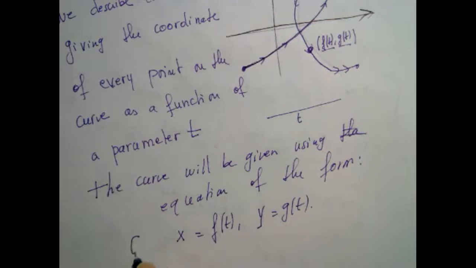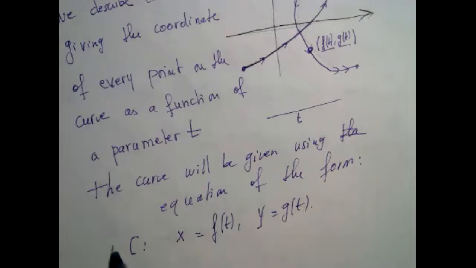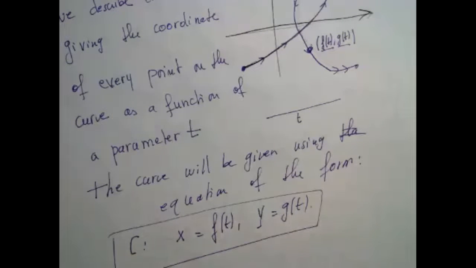So we describe the curve basically by giving you, as I said, for every moment in time, the x and y coordinate. x as a function of t, y as a function of t. So that's how we're going to give it.